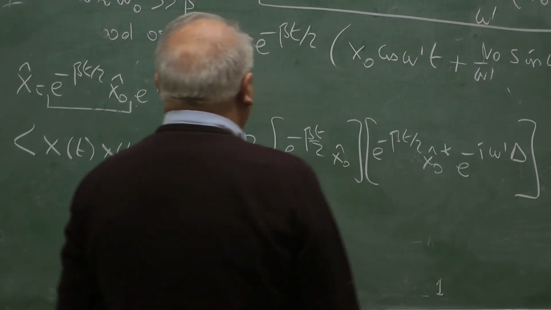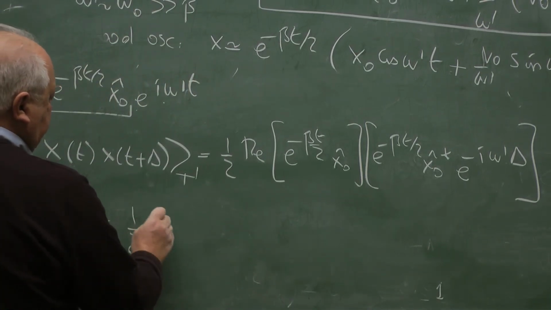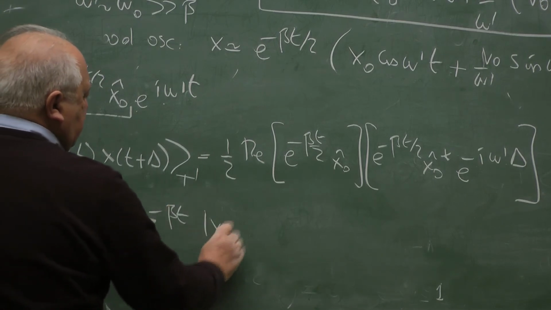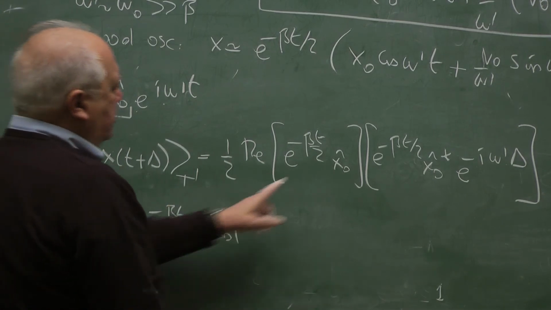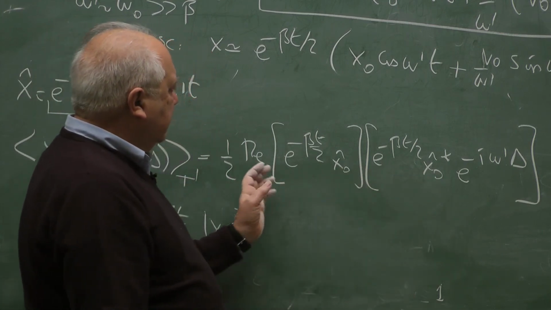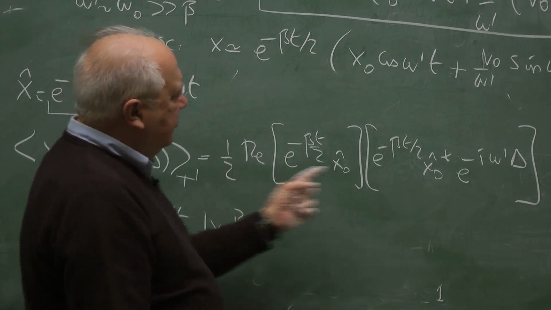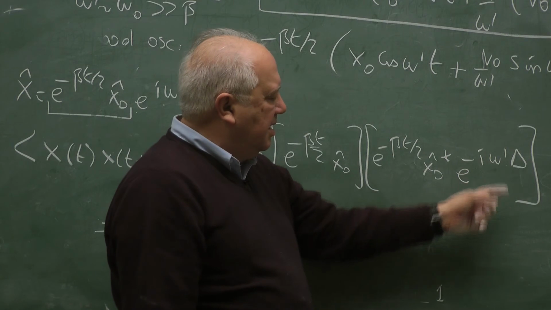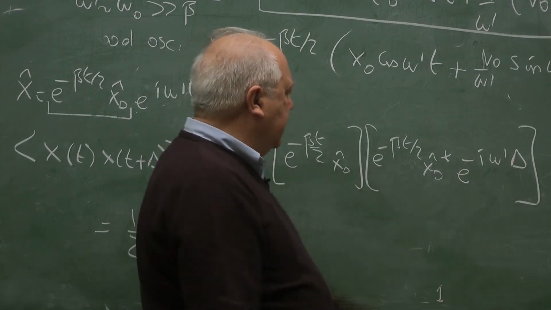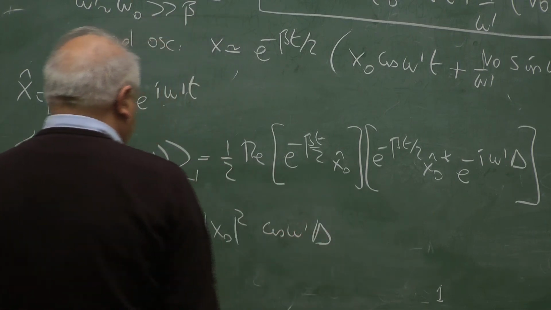Okay. So the result is immediate: 1/2 e to the minus beta t x0 squared, because x0 star is real, so we square, absolute square. And all we are left with is the real part of e to the minus I omega prime delta. But this is cosine minus I sine of omega prime delta. So it is cosine omega prime delta.